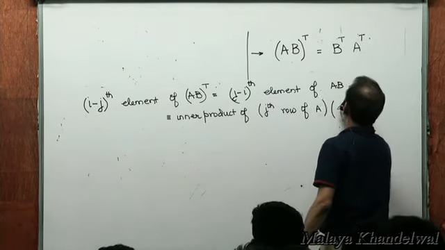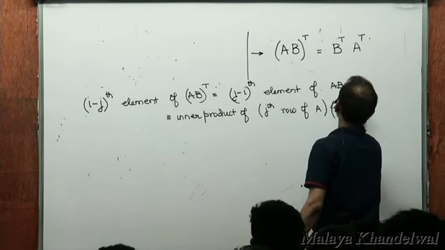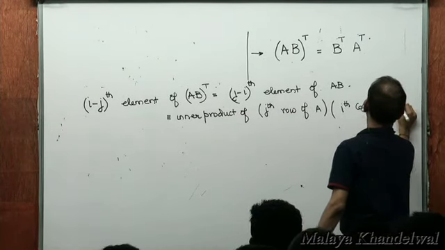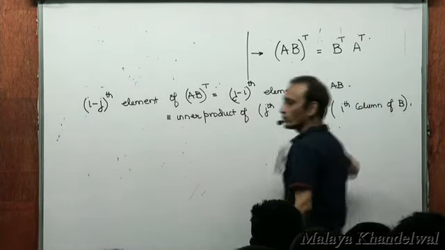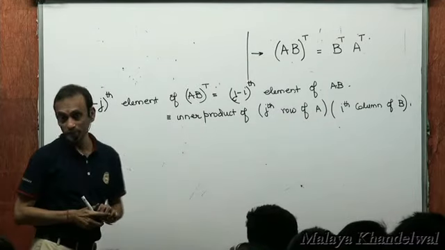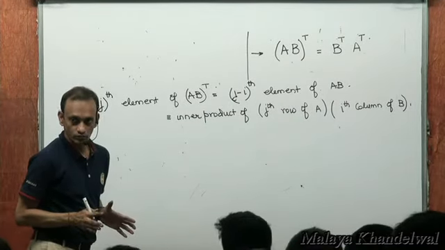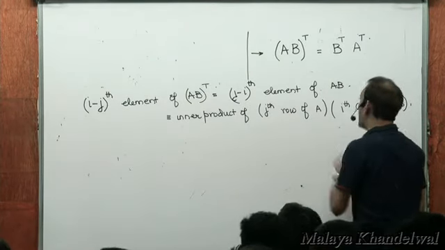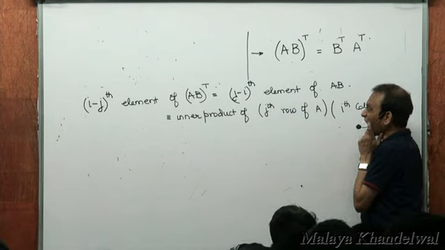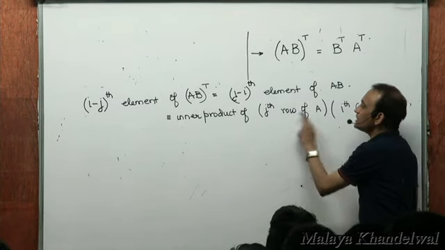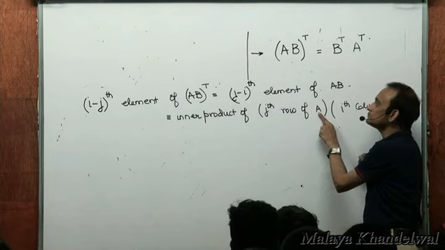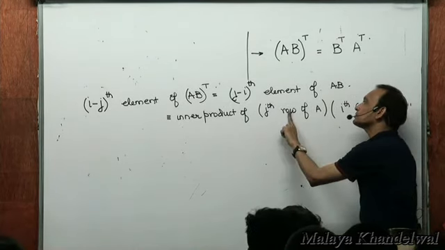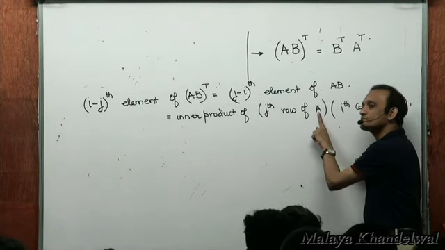The jth row with the ith column, yes or no? The jth row of A is the same as the jth column of A transpose.